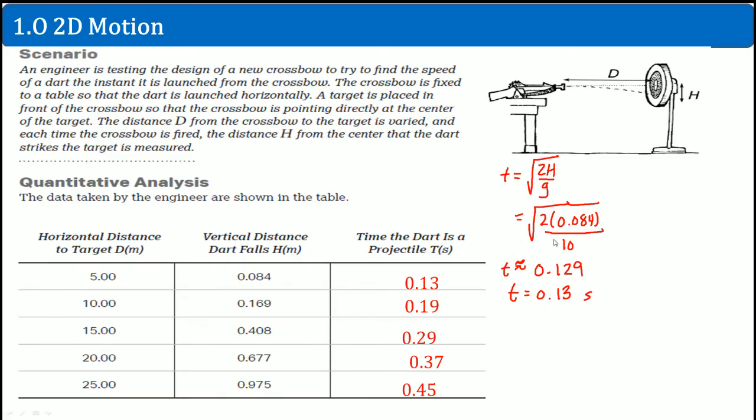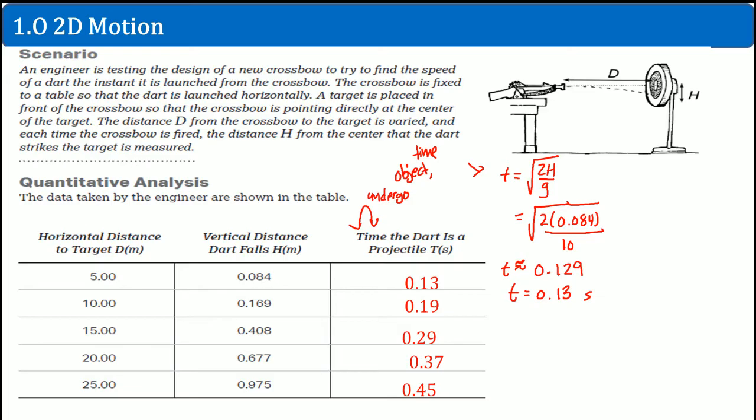And again, this equation is useful. This is universal. This equation is for the time of an object that undergoes parabolic motion.